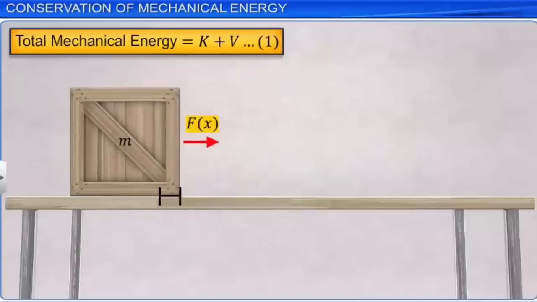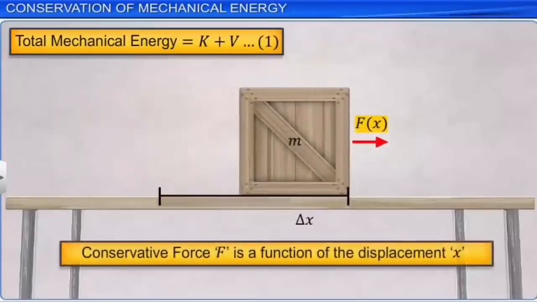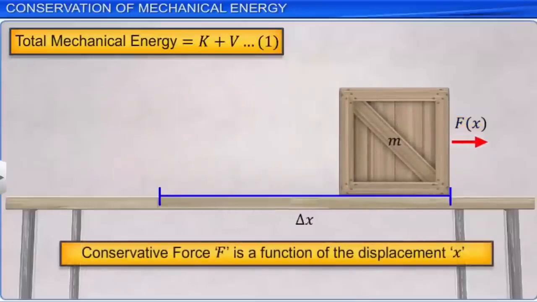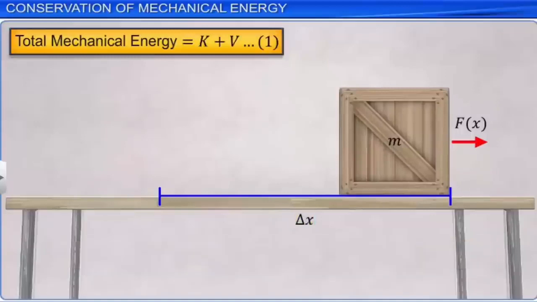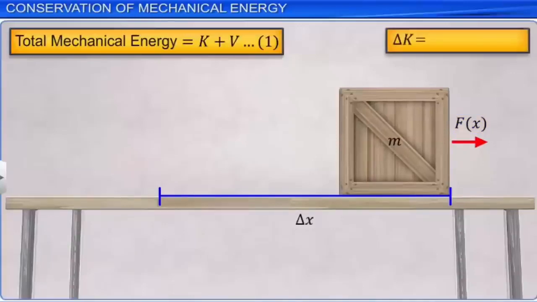If a body is displaced due to a conservative force F, which is a function of displacement x, then from the work energy theorem, the gain in kinetic energy is related to the work done by such a conservative force F(x) and is denoted by the equation delta K = F(x) delta x. Let this be equation 2.